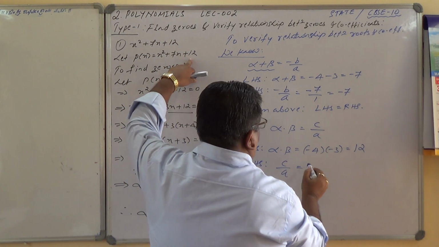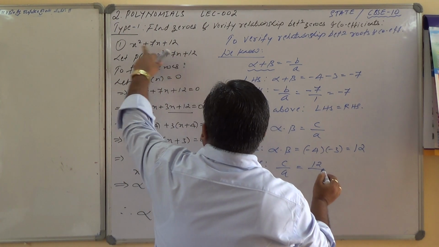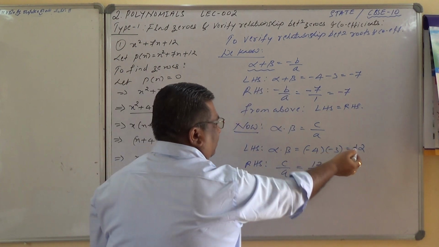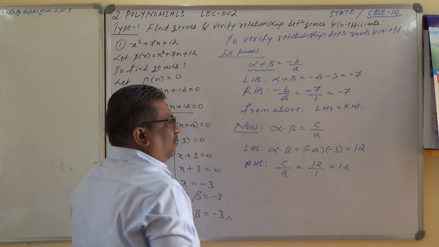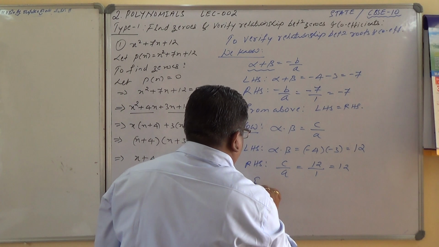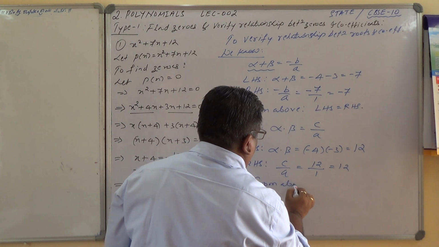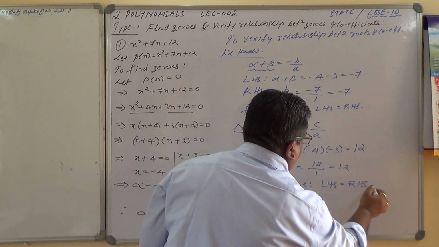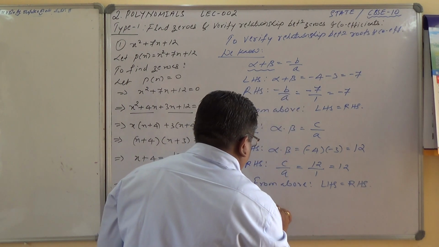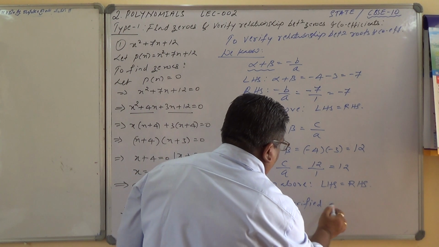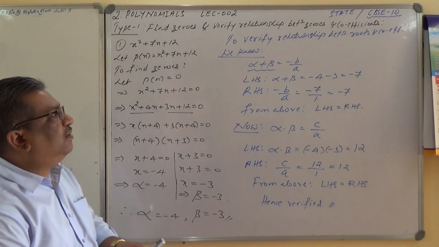What is c here? 12 divided by a is 1, which is equal to 12. See here, alpha into beta is equal to 12 and c by a is also equal to 12, and therefore hence verified, isn't it? From above, once again, LHS equals RHS, hence verified. The relationship between coefficients and the zeros is verified.